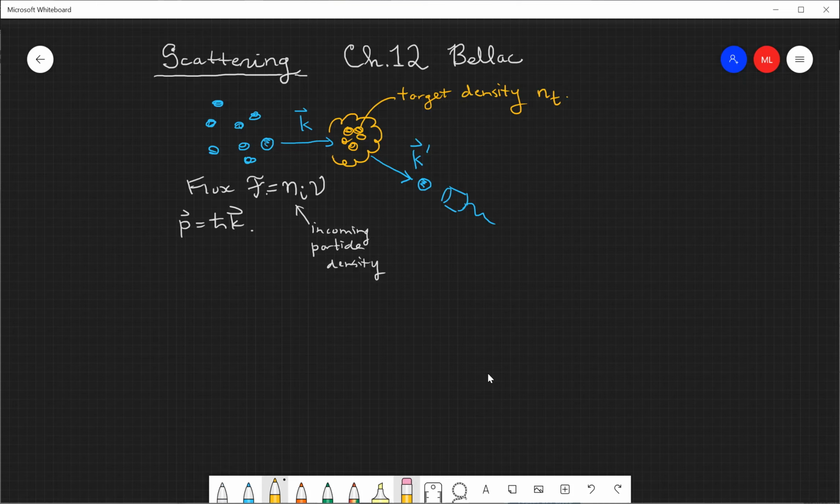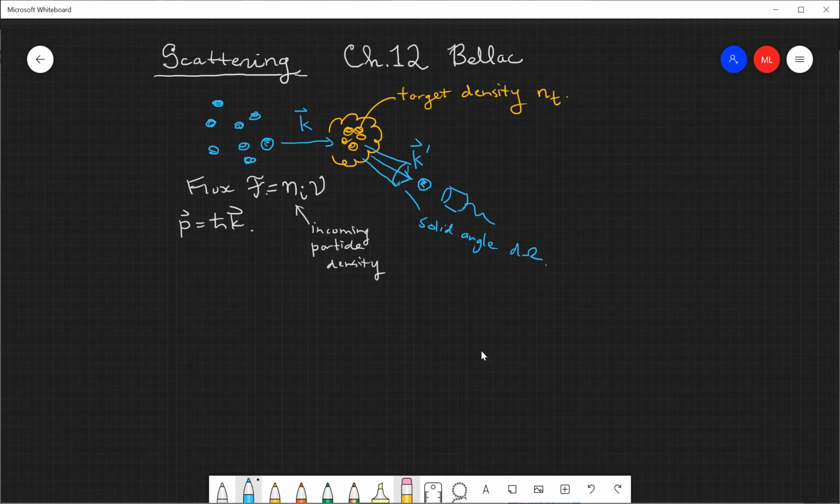And then when these guys come out, we usually look at them in 3 dimensions in some solid angle, d omega, that's centered around the wave vector direction k prime. So we detect these guys usually in some solid angle. Remember, the solid angle is just the 3D notion of angular size. The whole sphere is solid angle 4 pi, and then any fraction of that is just going to be what it is.